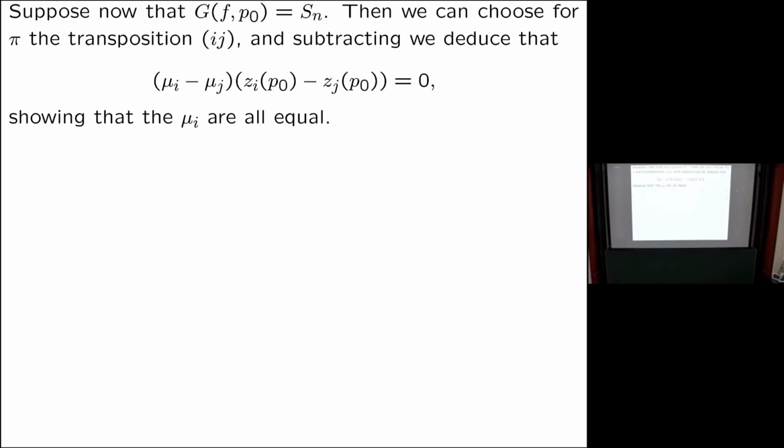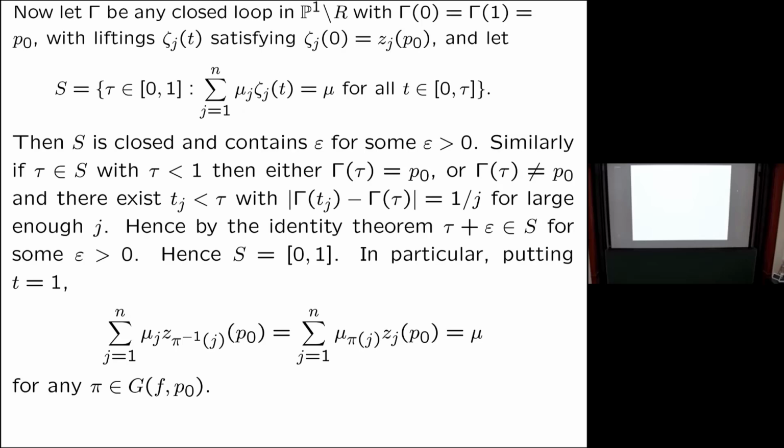All right, now let's suppose that we know that the monodromy group is the whole of Sn. Well, that means we could take pi to be a transposition that swaps i and j. So I take pi to be something that swaps i and j, and I subtract these two relations.